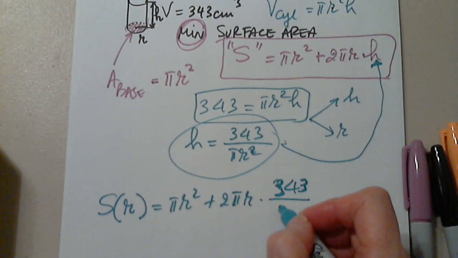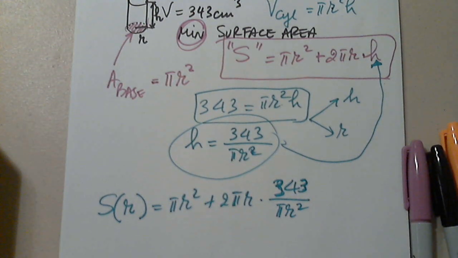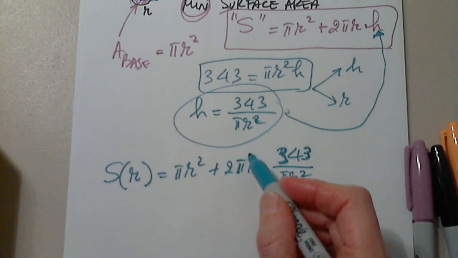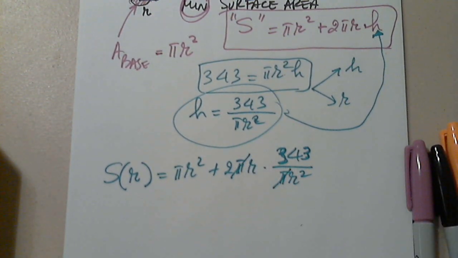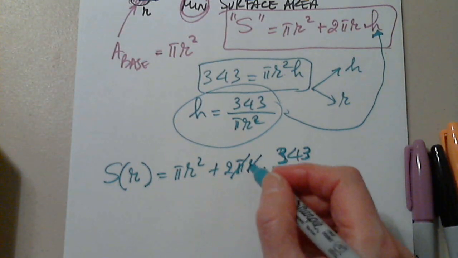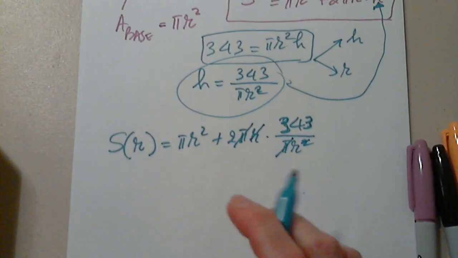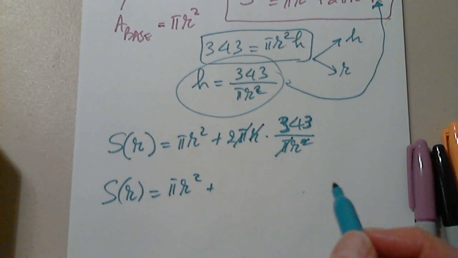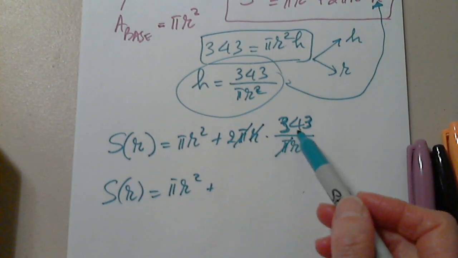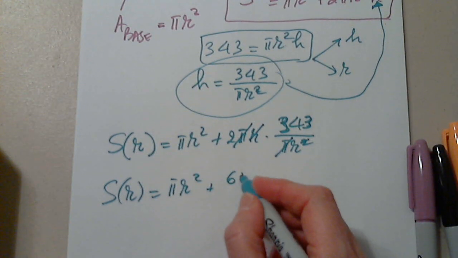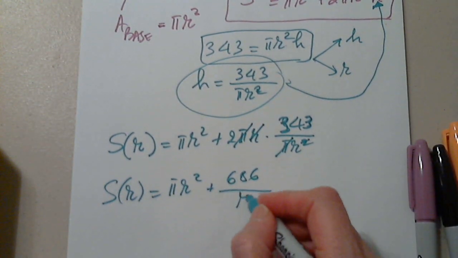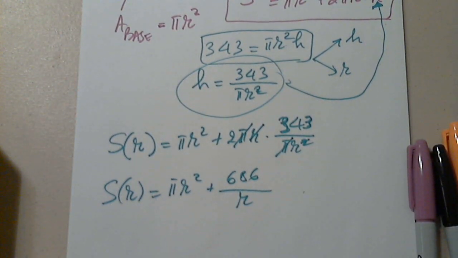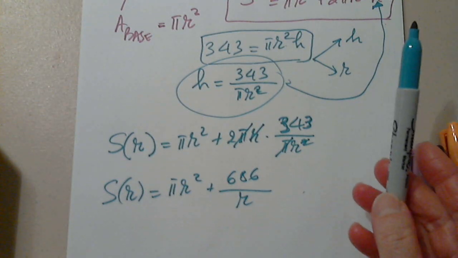343 over pi r squared. Yes, we're going to simplify one of these numbers. We're going to simplify an r. So then S of r equals pi r squared plus 2 times this is 686 over r. Okay, one more time.